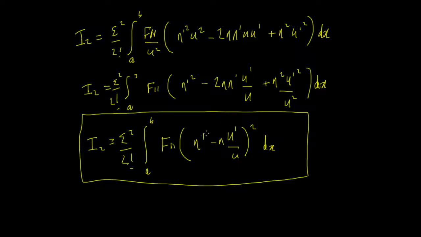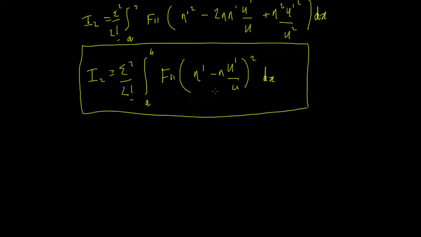Now, this term here is squared, so it is either equal to 0 or greater than 0. So we can say eta derivative minus eta u derivative upon u, squared, has got to be greater than or equal to 0 because it's a squared term.